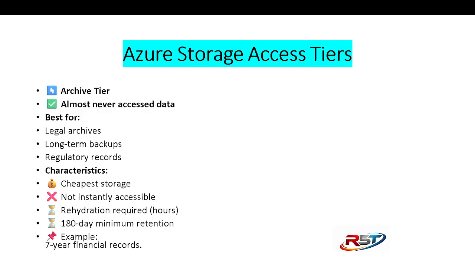Archive tier, almost never accessed data. So old backups, old logs, one year old logs, or six months old logs, we store in the archive tier. Best for legal archives, long-term backups, regulatory records. Characteristics: cheapest storage, not instantly accessible, rehydration required, taking hours.